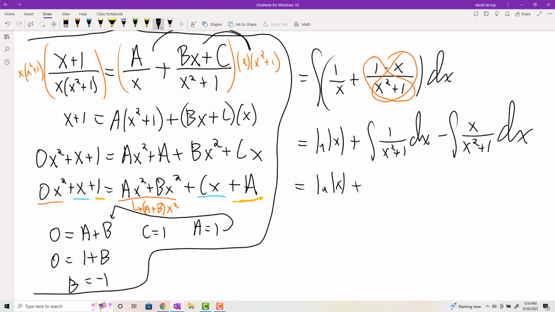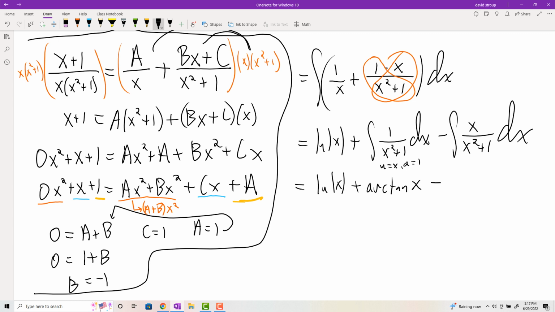So as noted, the second guy is just an arctan with u equal to x, and then a equals 1. So it'll be arctan of u all over 1, and of course u is just x. X over 1 is just x. So it's just arctan of x.